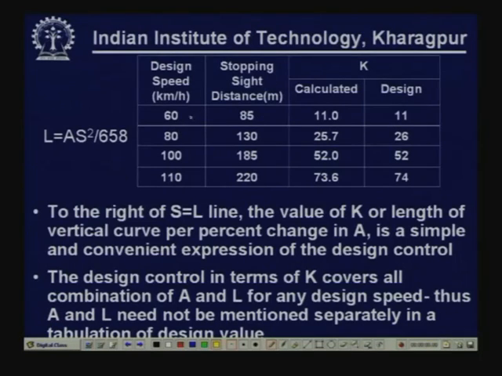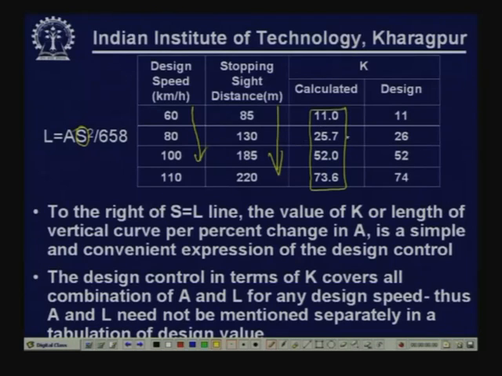Now, once we know S, then L by A is k. So, we can calculate the actual k value, which is nothing but S square divided by 658. If we do that, these are the calculated values for different design speeds.